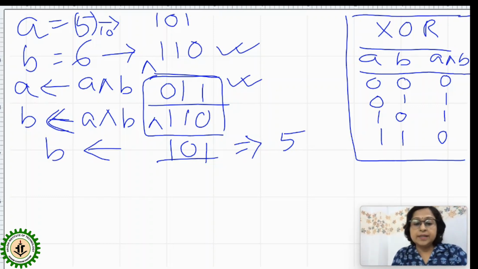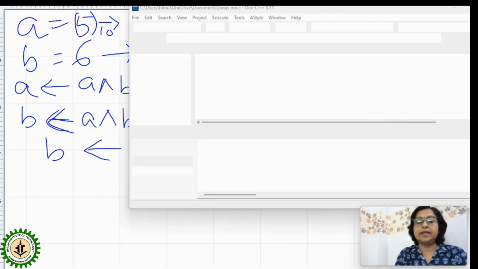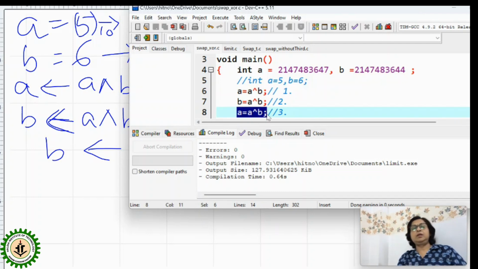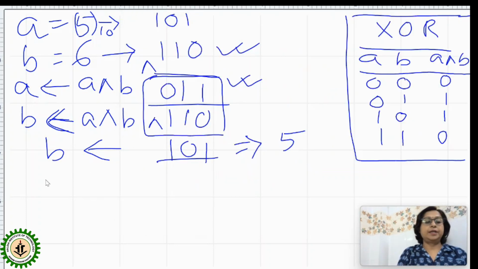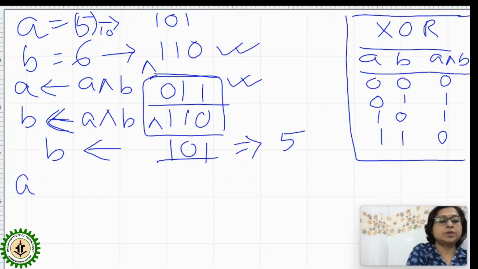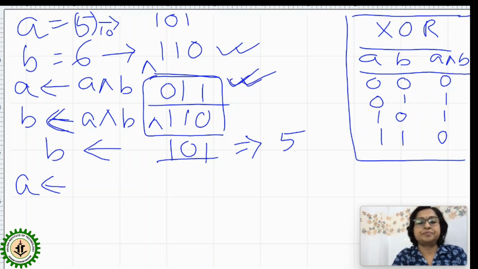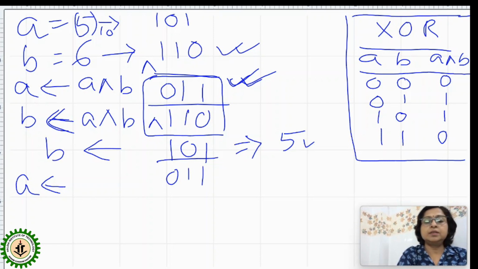Now the third line; the second one we have done. Now we are doing this one, A XOR B again, but this time we are keeping it in A. Now what is the latest A? Latest A is this, and B is this.